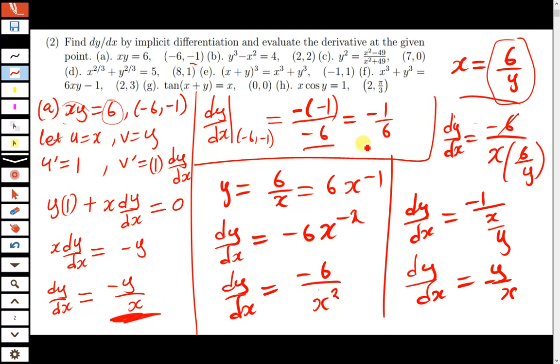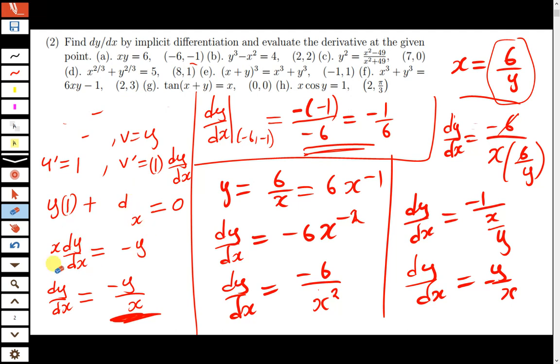So this is how you solve derivatives. Okay, so let's quickly move on to the next question. The next question is also straightforward.